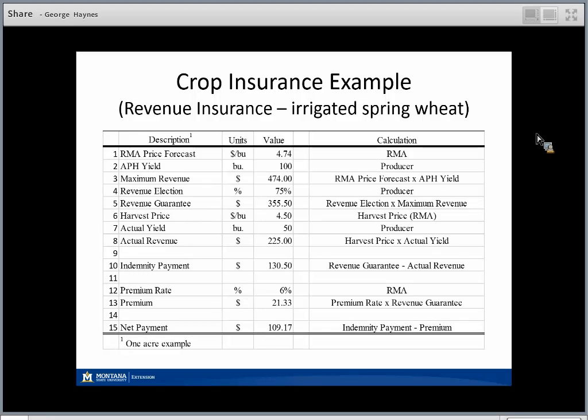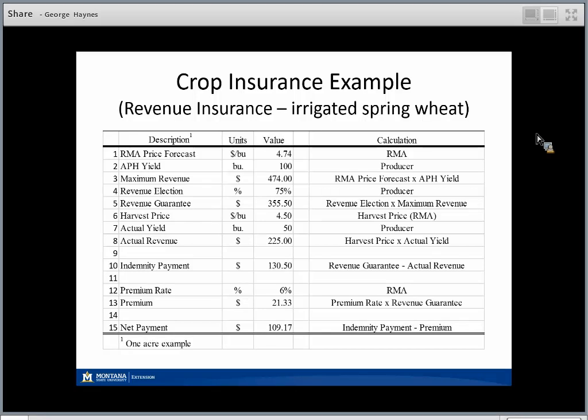So what do we get? Well, we get the difference between the revenue guarantee, which was the 355, and the actual revenue we produced. So we're going to get $130.50 out of the insurance. That's better than receiving only the 225, but it's not as good as if we'd had a good production year and gotten 474 either.